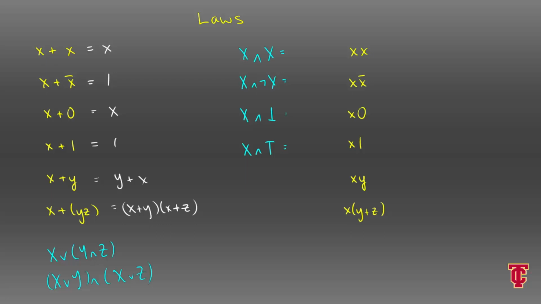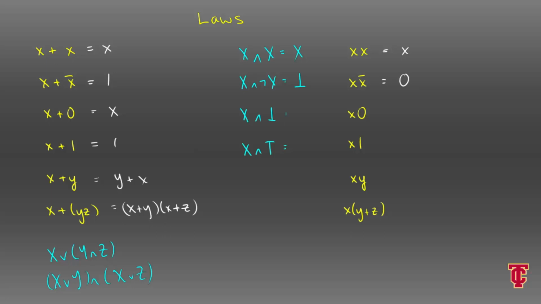If I have x and x, that's just the same thing as x, so that gives us x back. If we get x and not x, well, this is always a contradiction. This is a false, and you cannot have both x and not x at the same time. So in Boolean algebra, that gives us a 0 or a false.